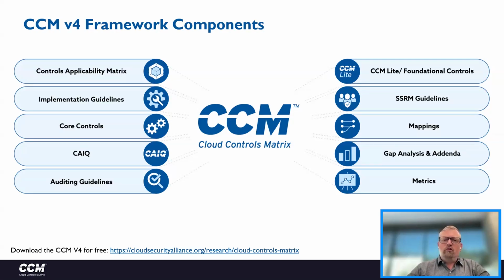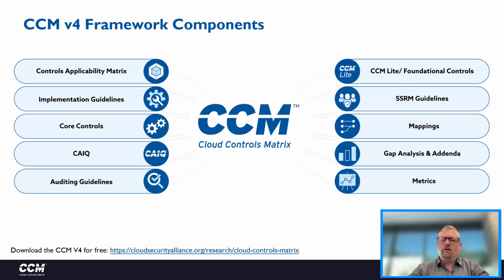Some of the interesting parts of the framework include the core controls, so looking at the different controls that you would be expected to implement as a customer implementing a cloud environment, but also the implementation guidelines, and that's what we're focusing on in this series of presentations.